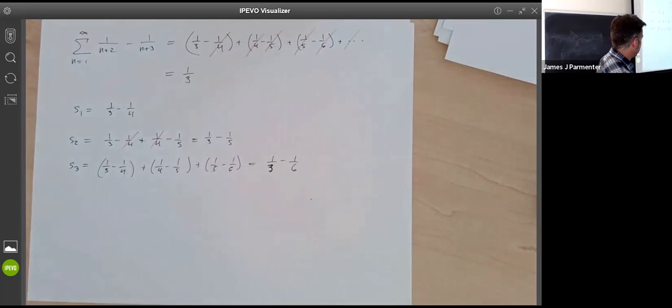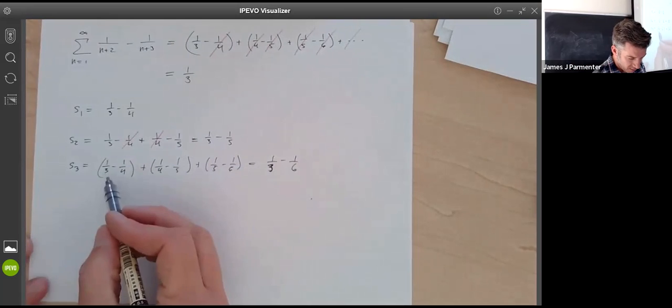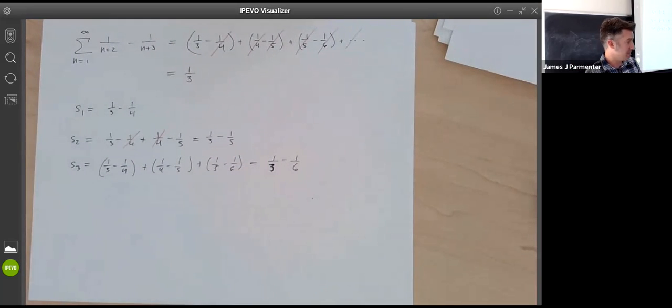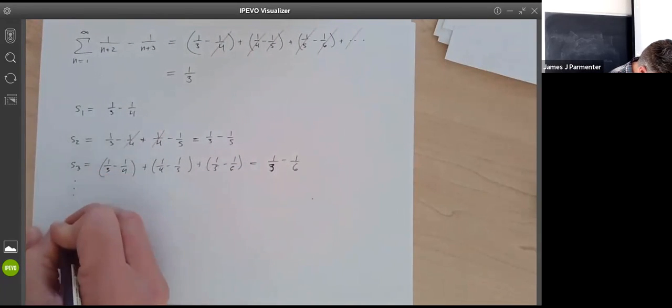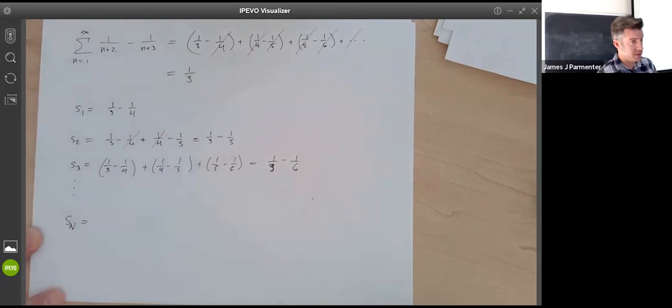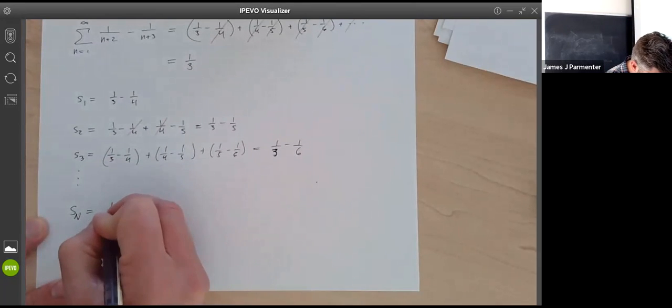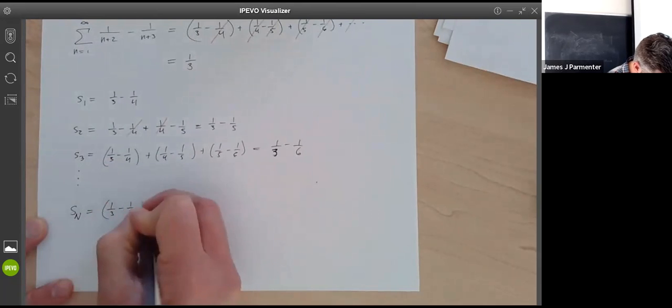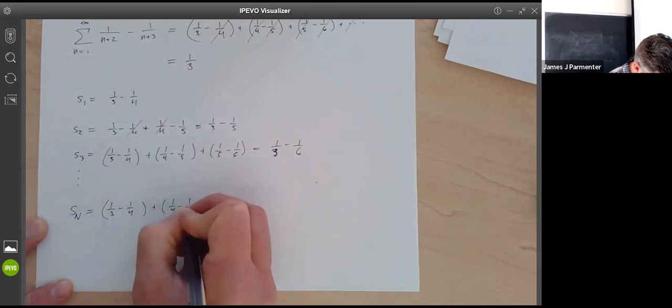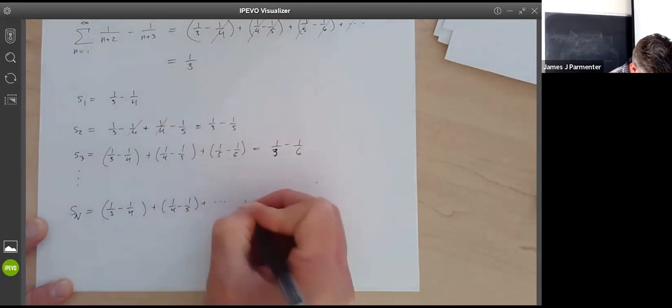So it looks like when you do this sort of telescoping sum, it's called telescoping sum because all the middle things cancel out. You're going to get 1/3 minus whatever the last thing is. So if we go down to the nth partial sum, we're going to get 1/3 minus 1/4 plus 1/4 minus 1/5 plus dot, dot, dot.